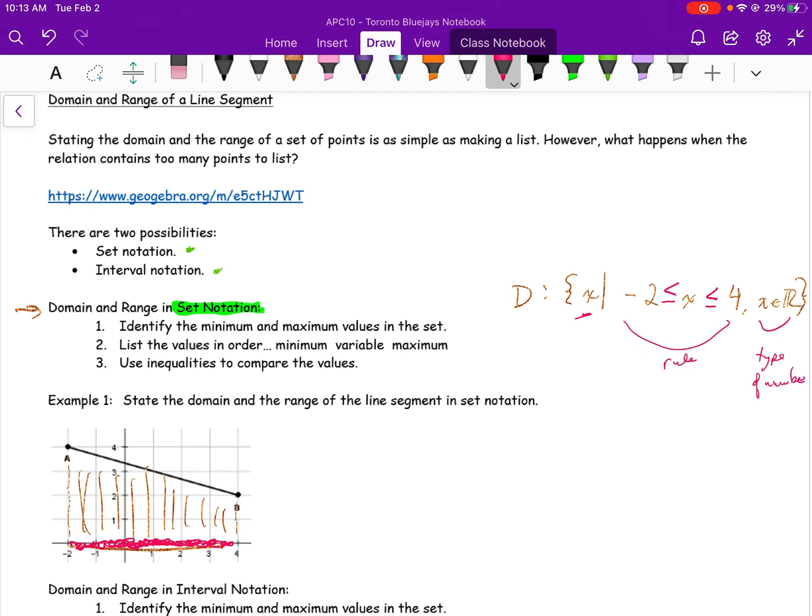Those are the inequality signs we would have to use for this. So again, very quickly, where is x? Well, x is between -2 and 4, and you attach those inequality signs to make sense of this.